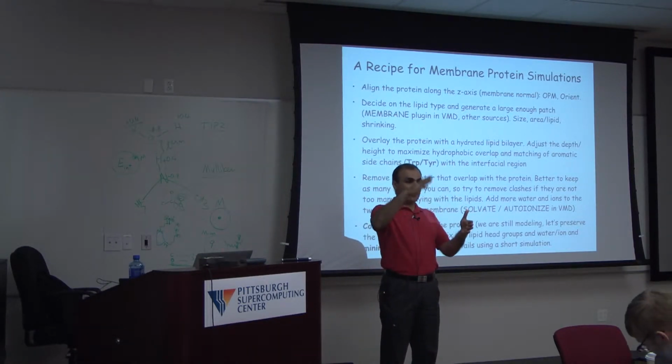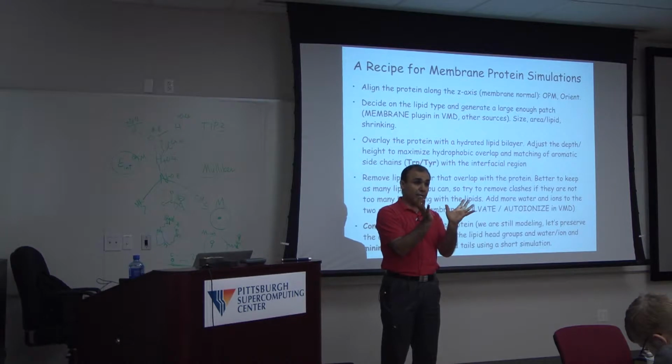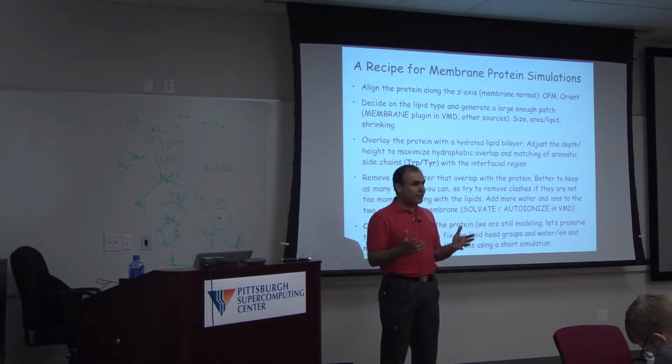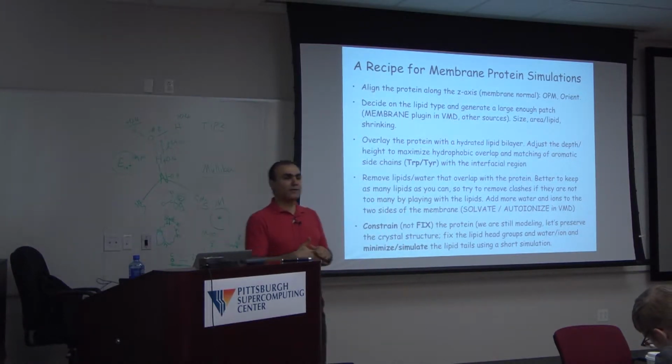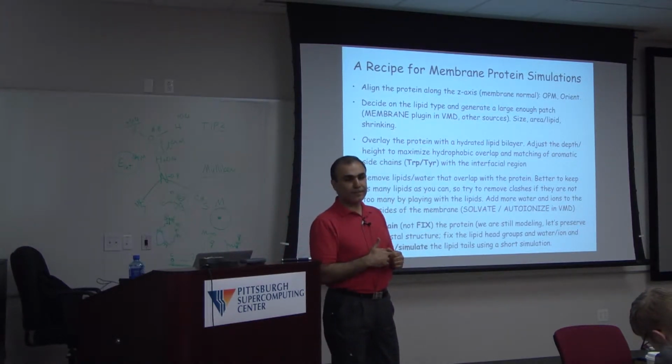Constraining means that you are applying a harmonic potential. It is allowed to move around that point, depending on how strong that harmonic potential is, but it can move. That's the contrast. But constraining and restraining, I don't know what's the difference, actually. Yeah. So I would constrain your bond distance. Yes?